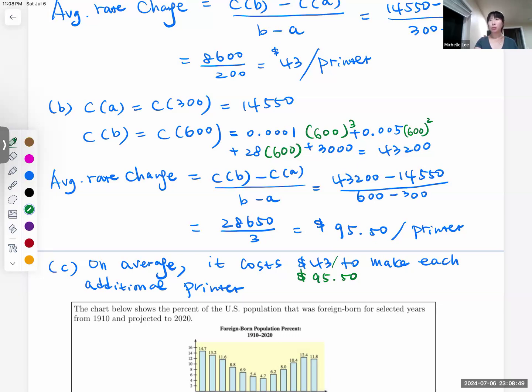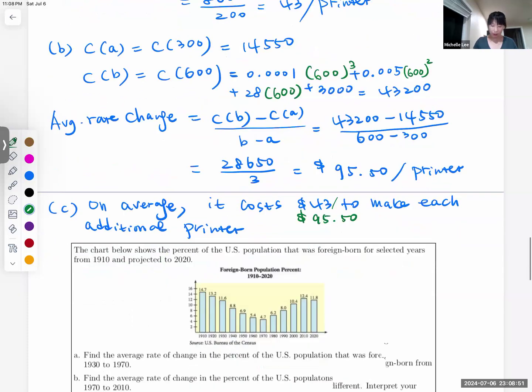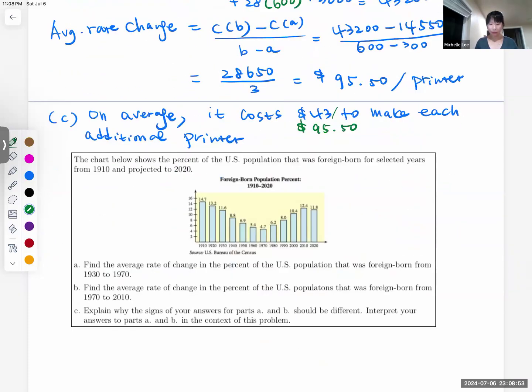Oh, we have two more. Okay, so let's read the graph. This chart shows the population, right? Okay, so find average rate of change in percent. Everything is percent of US population that was foreign born from 1930 to 1970.